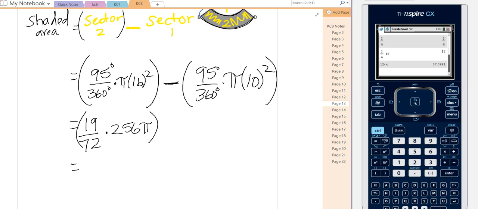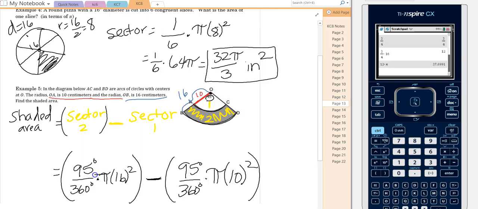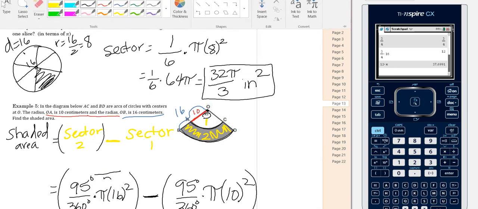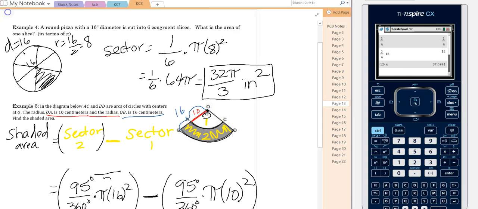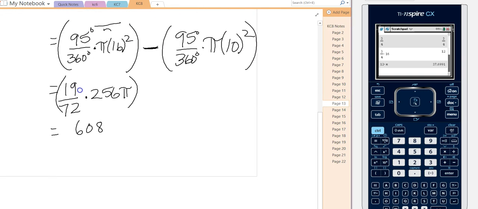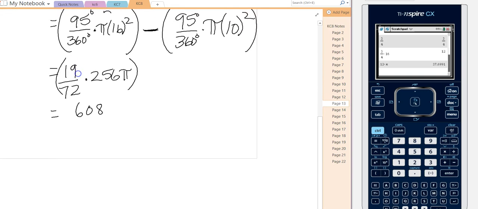If I multiply 19 over 72 times 256, I'm going to leave it in terms of pi for right now. That gives me 608 divided by 9 pi. So this is the area for that shaded region.